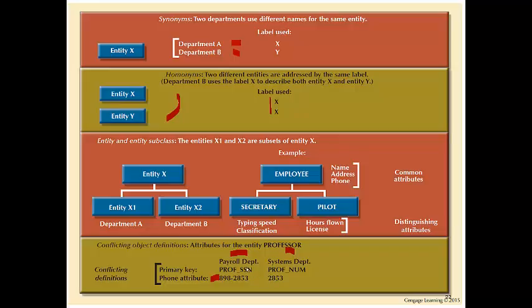And then you can see why payroll wants to use the Social Security number for professors, because they have to handle their tax withholding and payment and those things, and that's the number they need to perform that requirement. But you can also see why the systems department might want to use SSNs.